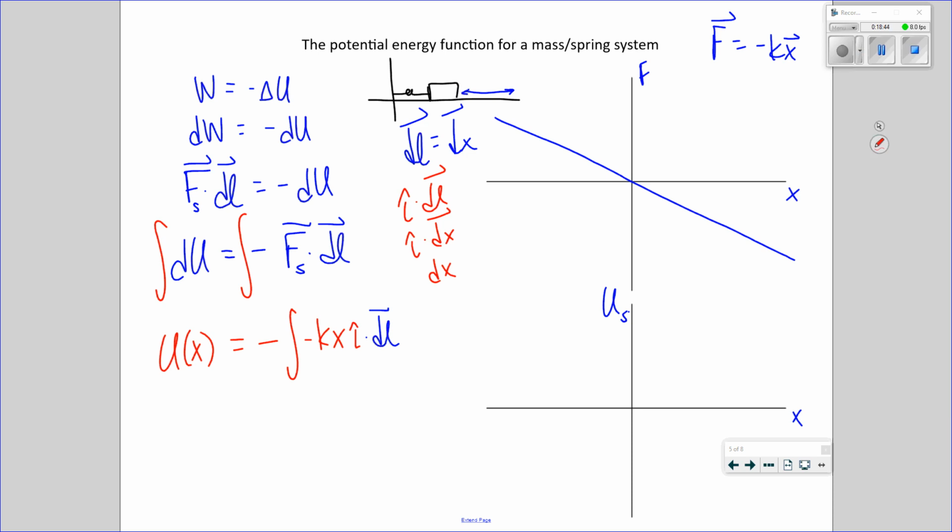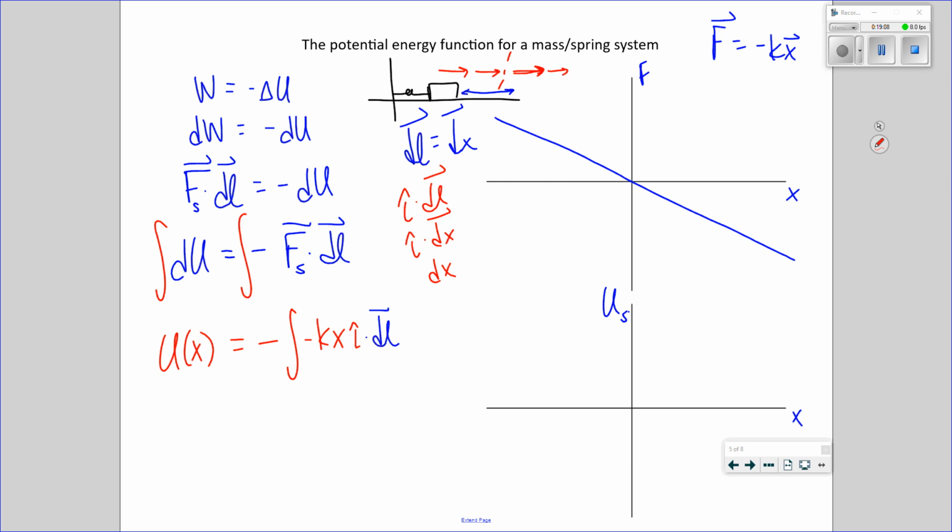That's a strange thing. You can gloss over it to some degree, but i hat is a unit vector that means one that way, and dx is dl, which means a little tiny vector that way. So here again, we have one dot tiny.